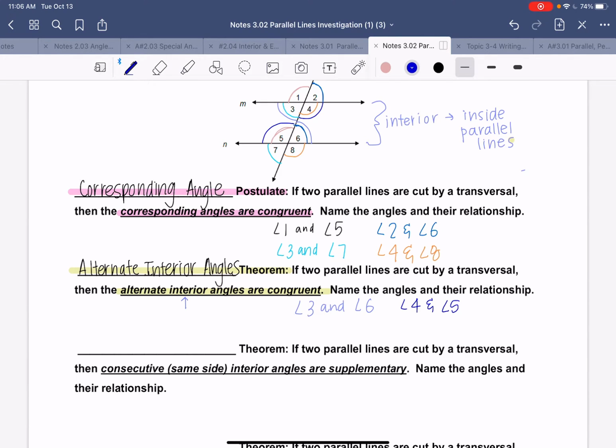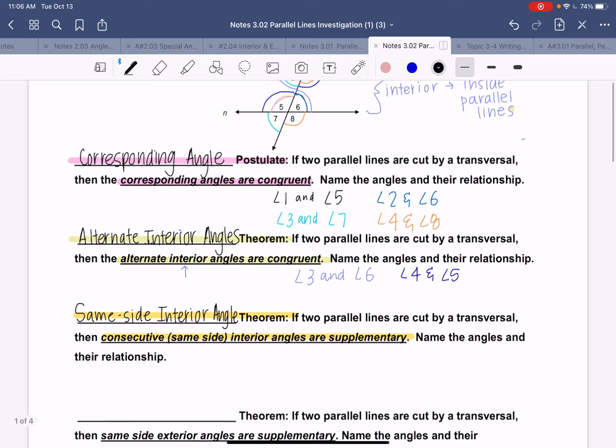All right, the next theorem we're going to talk about is the consecutive, or what I say is the same side interior angle theorem. The same side interior angle theorem states that these are supplementary.